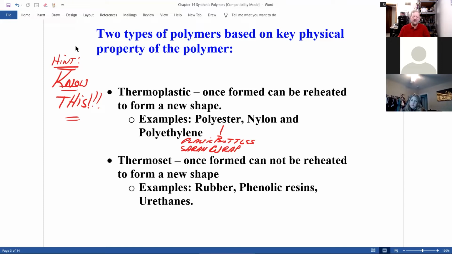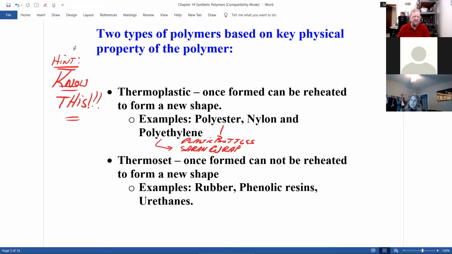So a thermoplastic, once formed, can be reheated to form a new shape. Nylon is an example, your plastic bottles, polyester, and polyethylene, which is saran wrap. So if I ask on a test, give an example of a thermoplastic polymer, well, plastic bottles, saran wrap.